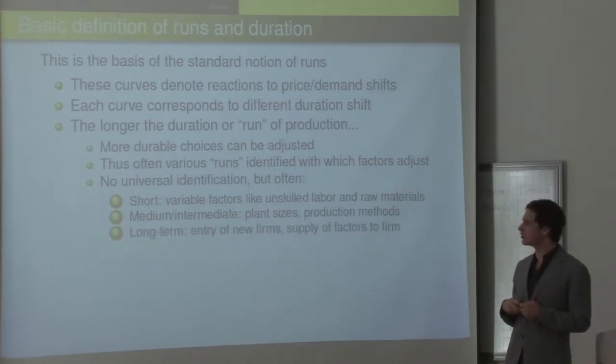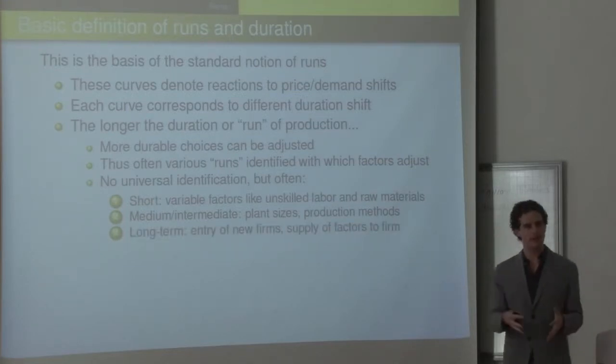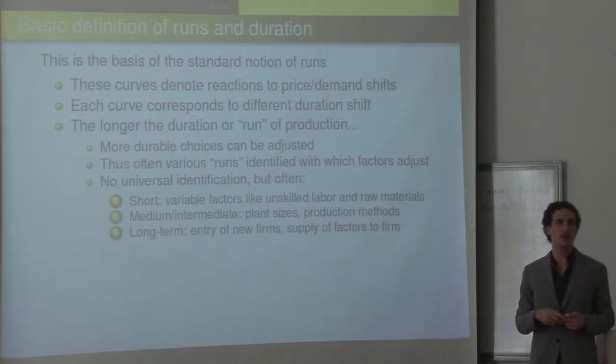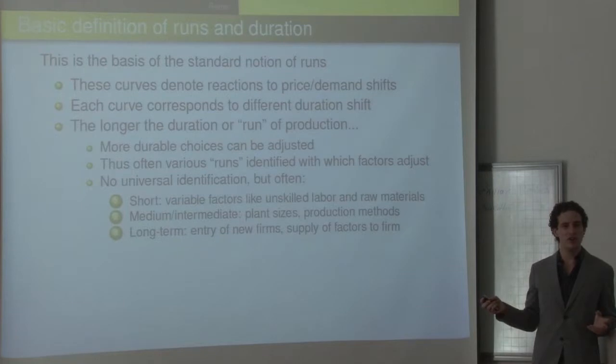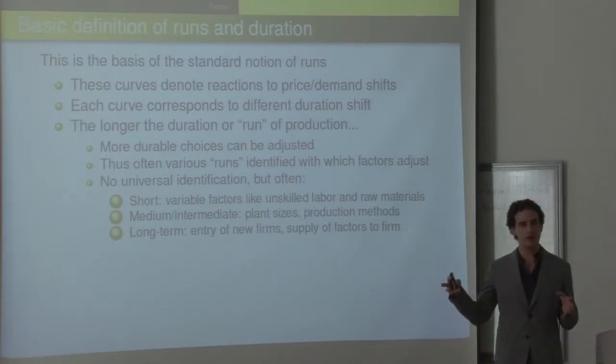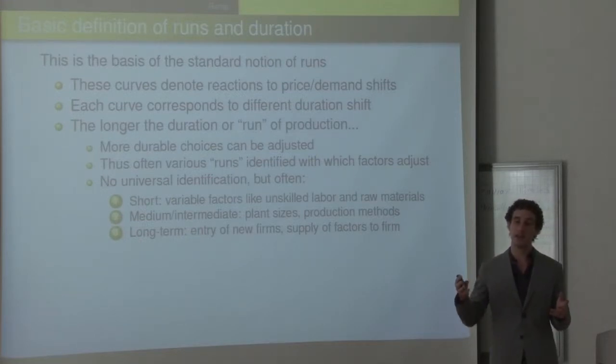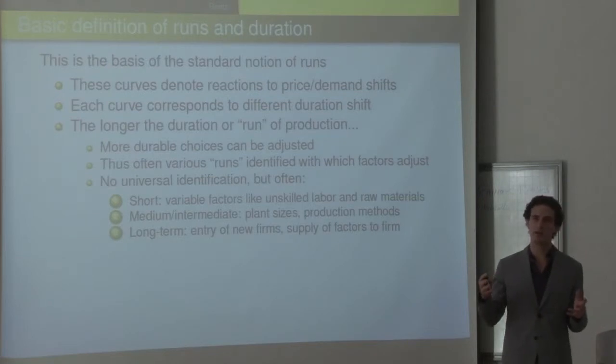And it might take longer time for companies to actually come into the industry or to adjust the things which are the inputs to your inputs. So for example, if there's a short-run increase in the demand for cars, the car company might be able to buy more steel, right? And then in the longer run, they might be able to build more steel factories.